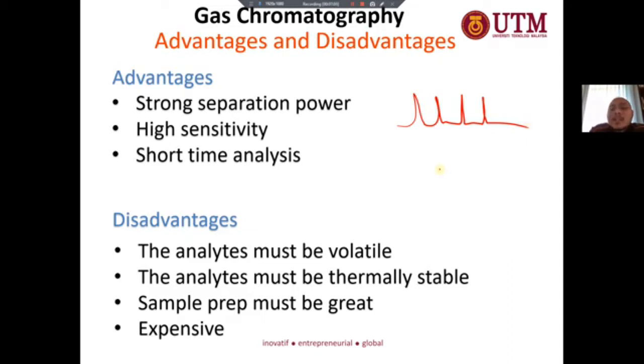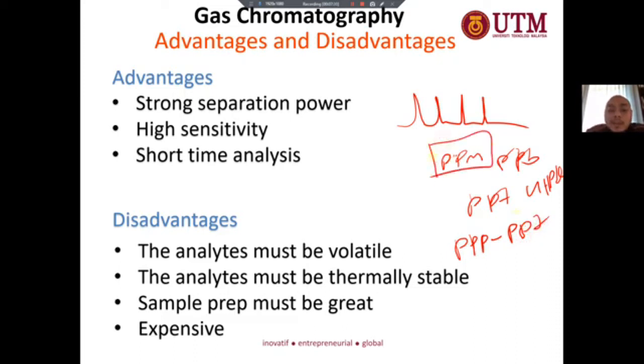In the HPLC, usually we quantitate at the ppm level. At most, maybe ppb, but I never heard of the HPLC up to the ppt except for UHPLC. But in the GC, it's normal to test at the range of ppb until ppt. The normal one for the HPLC is ppm. Later on, we will learn about that.